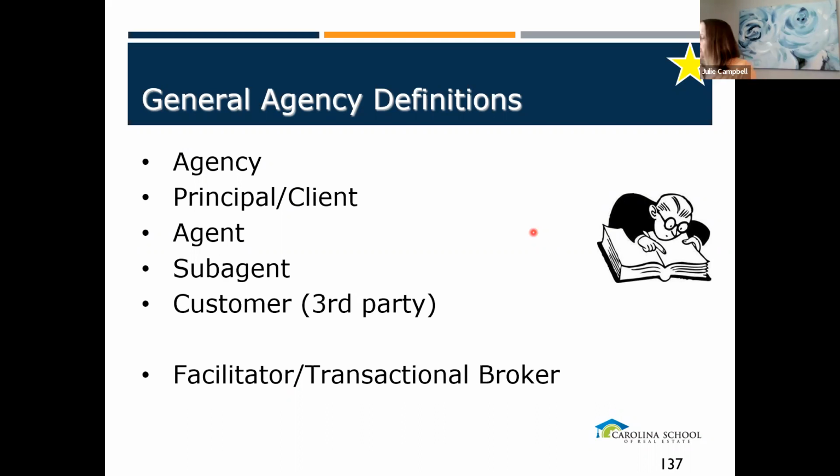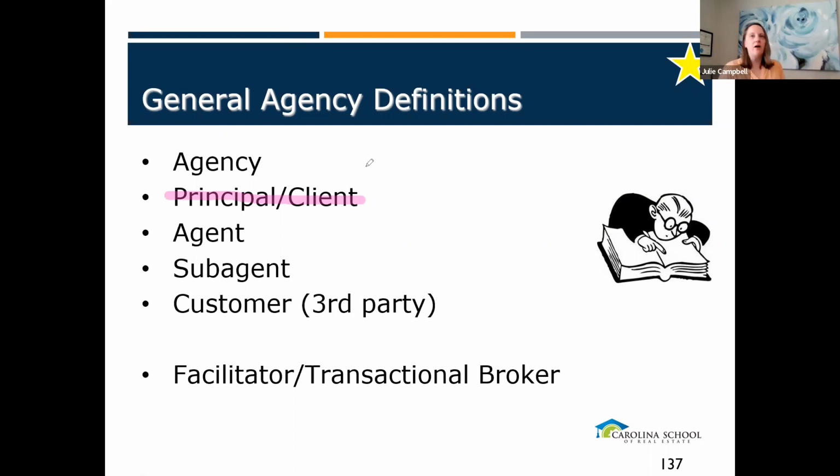So that's the fiduciary relationship. The principal, also known as the client, I think this is a problem topic, so please make sure we see this. They're used interchangeably. If I refer to the principal, I'm referring to the client. If I say the client, I'm referring to the principal. They are one and the same.